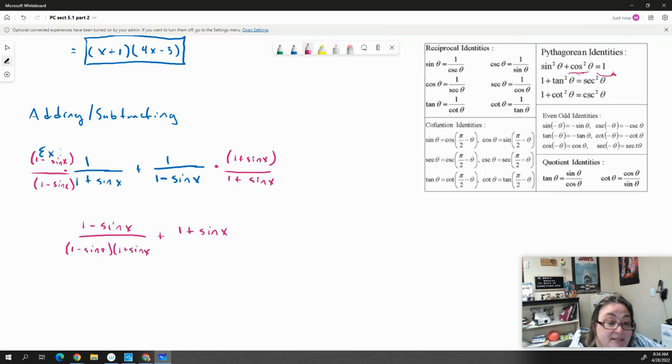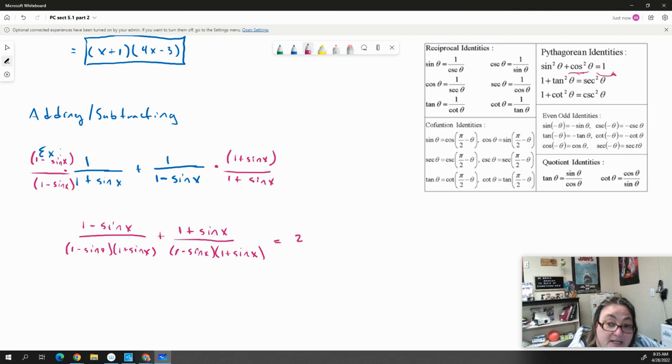Because anytime I multiply anything times 1, I'm left with itself over, same thing, right? We're going to have 1 minus sine of x times 1 plus sine of x, which means that we can just add these top pieces together, right? Well, I've got 1 plus 1. Well, that's 2.